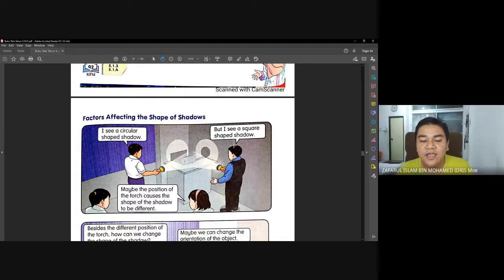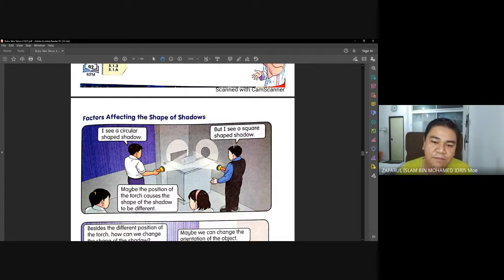Okay. So, kalau tadi jarak antara sumber cahaya dengan objek mempengaruhi saiz bayang-bayang, sekarang kedudukan sumber cahaya mempengaruhi bentuk bayang-bayang. Kalau satu objek yang sama, contoh pensel, awak tegakkan pensel and then awak suluh dengan torchlight.